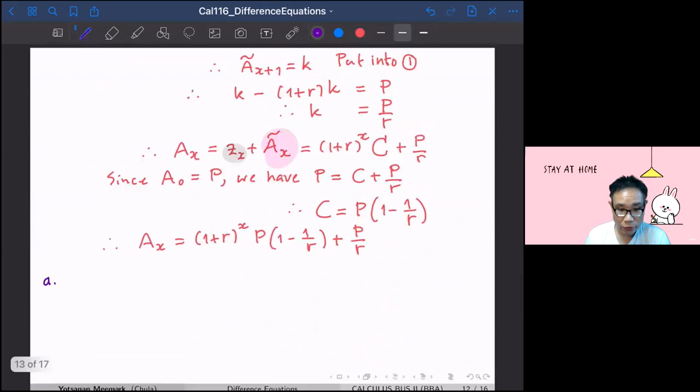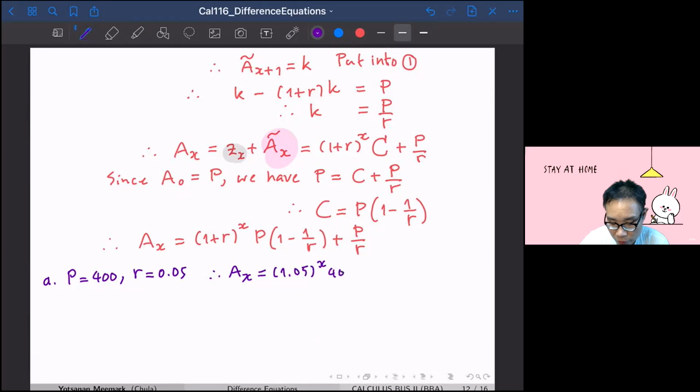So for question A, you have p equal to 400 and you have r equal to 0.05. Okay, so you would get a_x equal to (1 plus 0.05) to the x times 400, and you have 1 minus 1 over r.